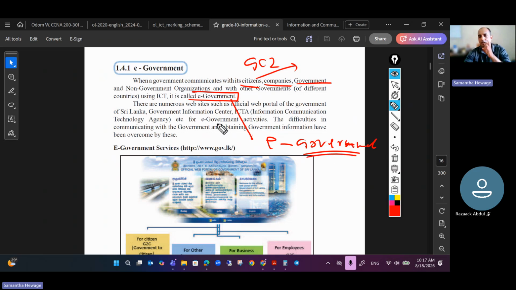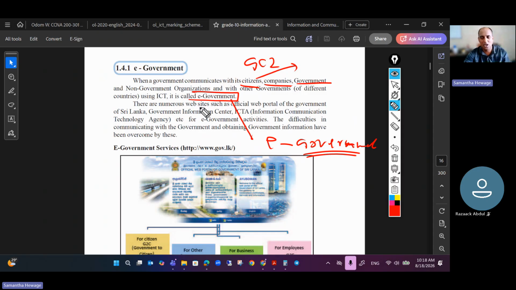So very simple, you have to remember, there are government organizations, they use information technology, ICT, to provide their services to the citizens living in that country, or the companies or the businesses doing business in that country, and other government and non-government organizations who are dealing mostly with government organizations, and the employees who are working in the government sector. For example, teachers, right?